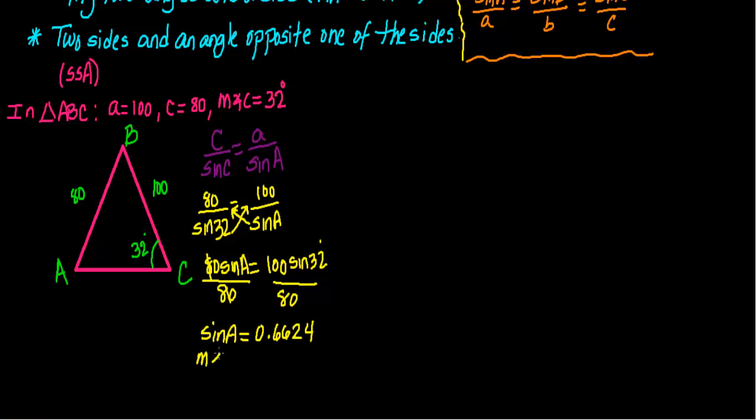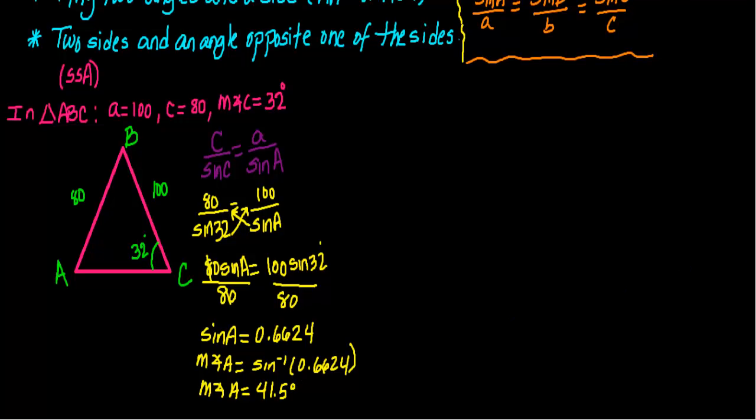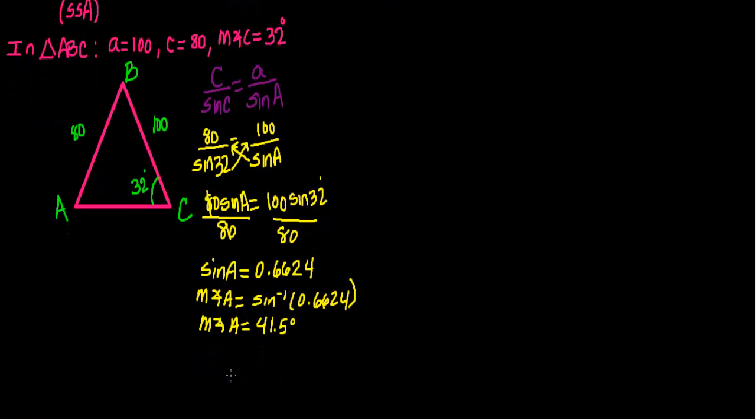The measure of angle A is equal to the inverse sine of this number, and that tells you that the measure of angle A is equal to 41.5 degrees. And this is where I stop for the second time.